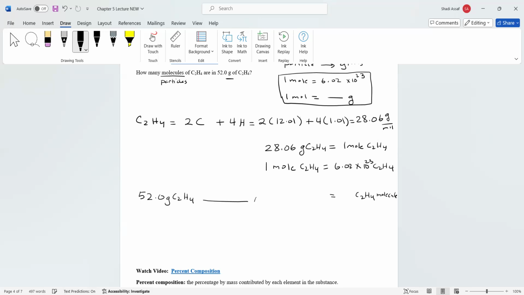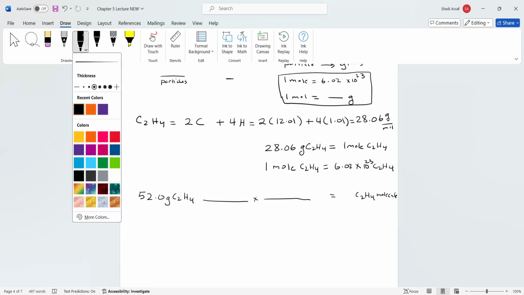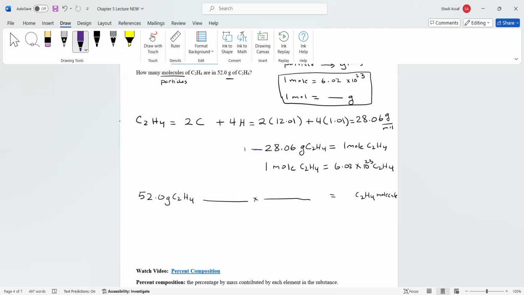We have 2 conversion factors here. Which one do you think we should use first? Well, if we're starting with grams, we have to use this one first, because you have grams and you need them to cancel out.